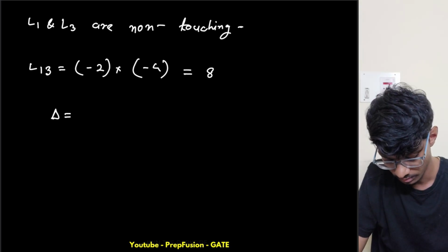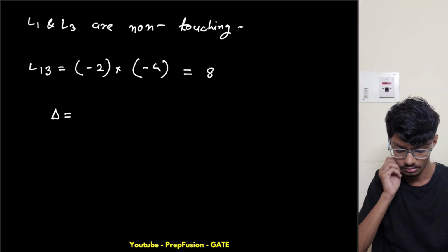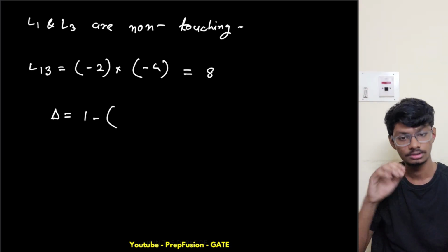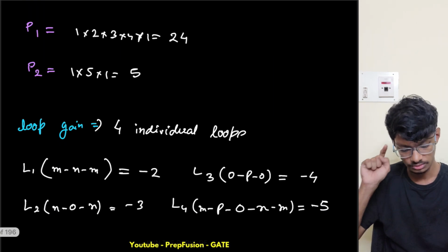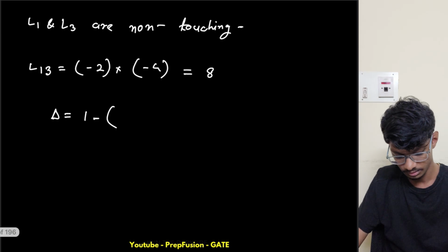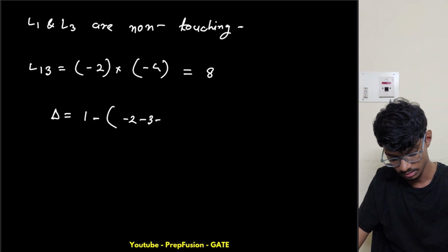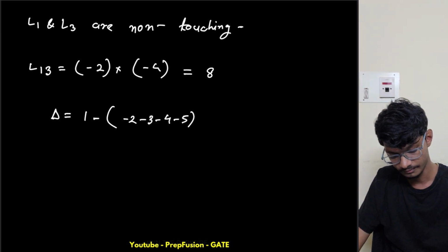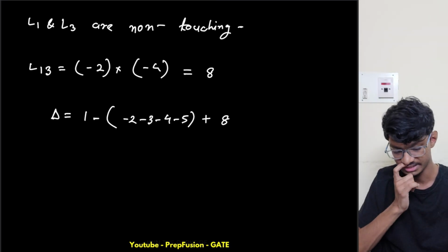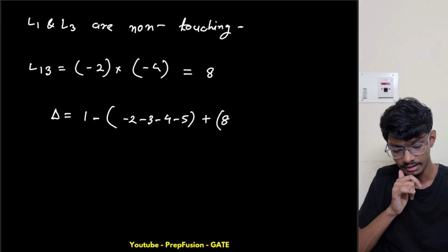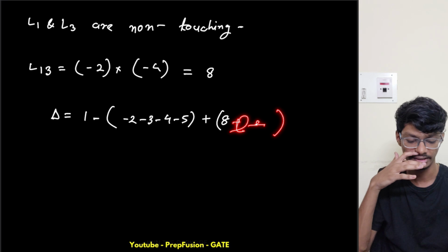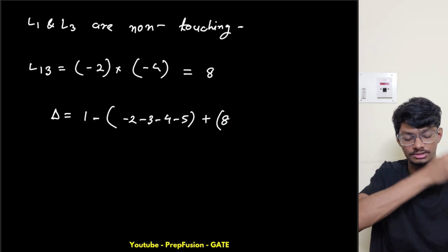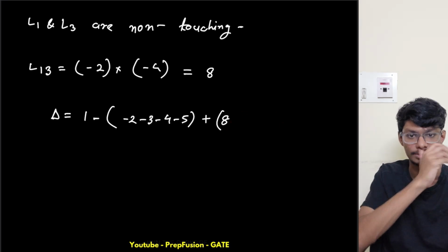So what is delta equal to? Delta equals 1 minus the summation of the individual loops, which is minus 2, minus 3, minus 4 and minus 5, and then plus 8, since we have a plus sign. If there were more non-touching loops, we would have added them here, then close the bracket, and then search for three non-touching loops and their products.